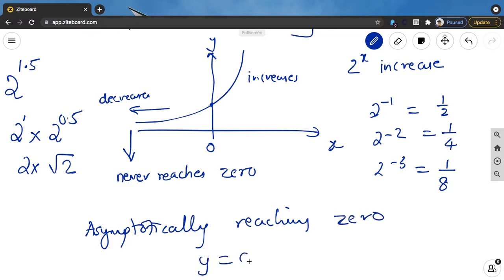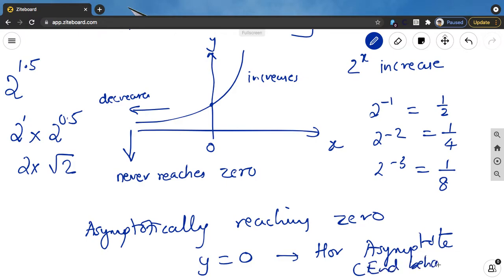What kind of asymptote is it? It is a horizontal asymptote. Why is it horizontal? What it means is the end behavior of the function. When x takes very large negative values, the y value approaches 0. That's why it is a horizontal asymptote.